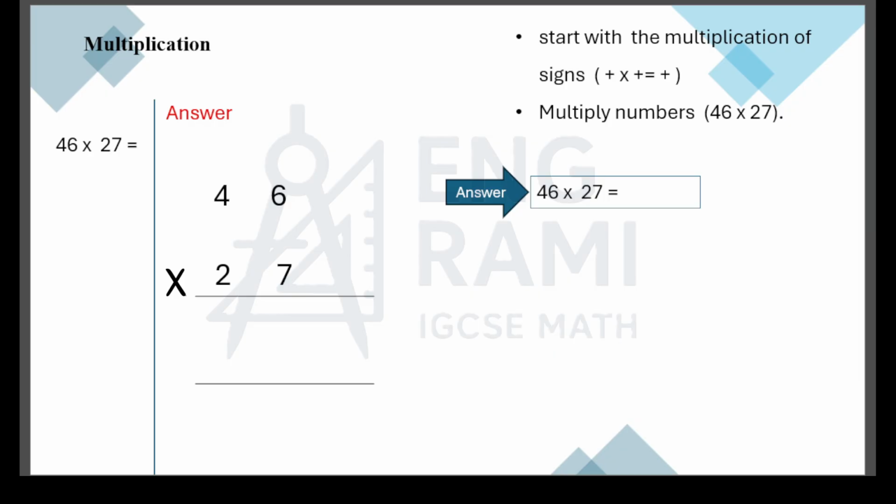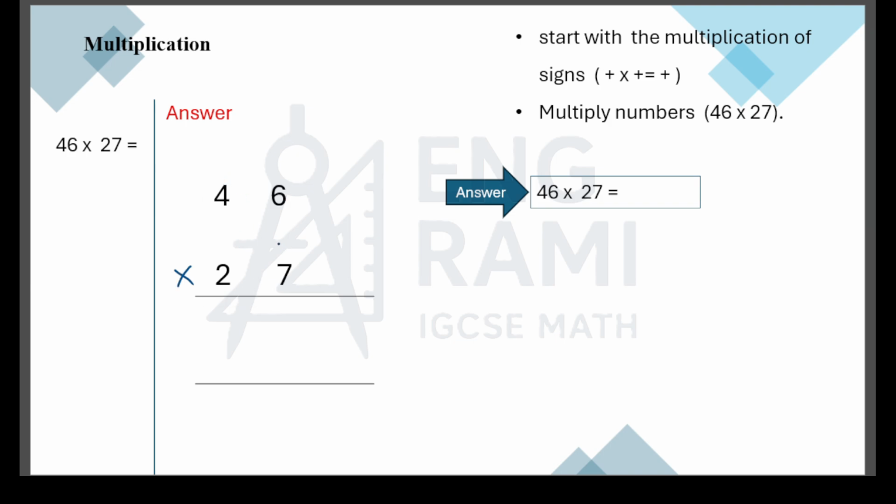Another question. 46 times 27. As we can see here, we can write 46 times 27, ones over ones, tens over the tens.